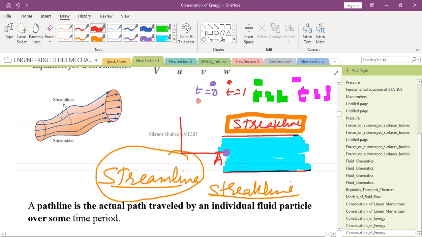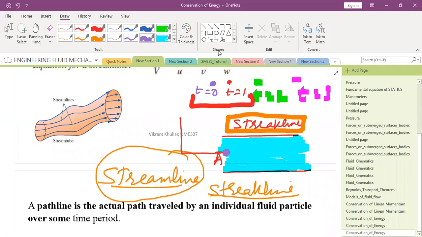Meanwhile, from t equal to 0 to t equal to 1, this blue might have traveled some distance. So this is where this blue or violet is, it has moved to this location.